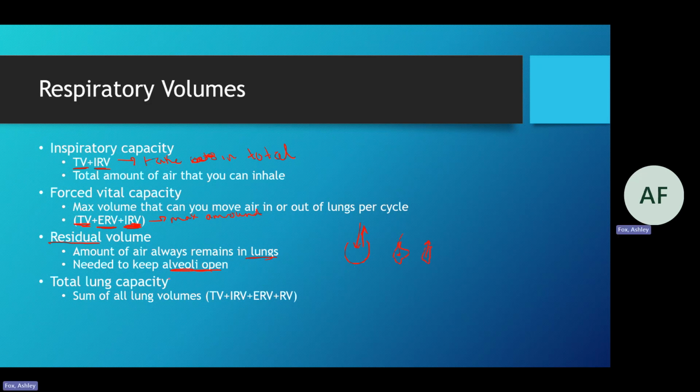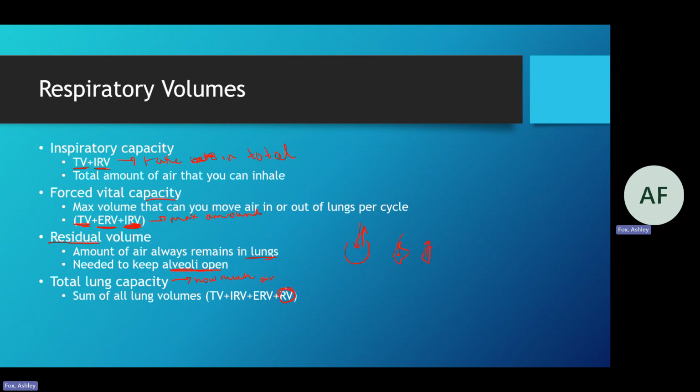So when you're looking at total lung capacity, this is how much the lungs can move and hold. How much air is going to be around your lungs and involved with it. You take your forced vital capacity, the amount of air that you can move in and out of the lungs per cycle, especially if you're doing a really deep breath and a really forced exhalation, then you just add your residual volume.